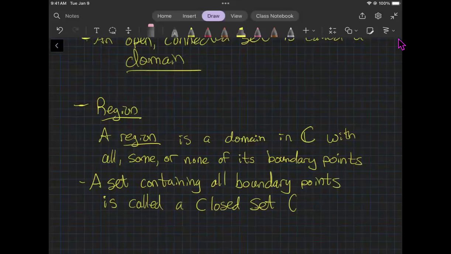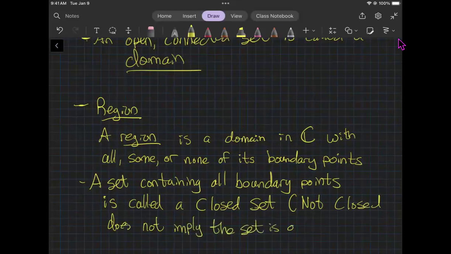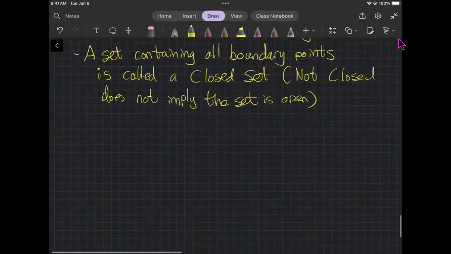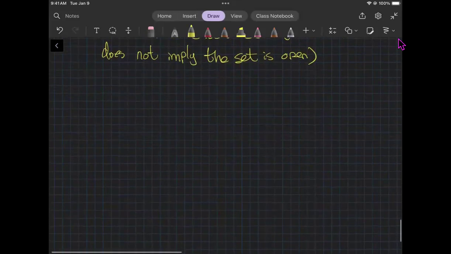So in other words, so just remember this, not closed does not imply set is open. Okay. So don't fall in that trap.